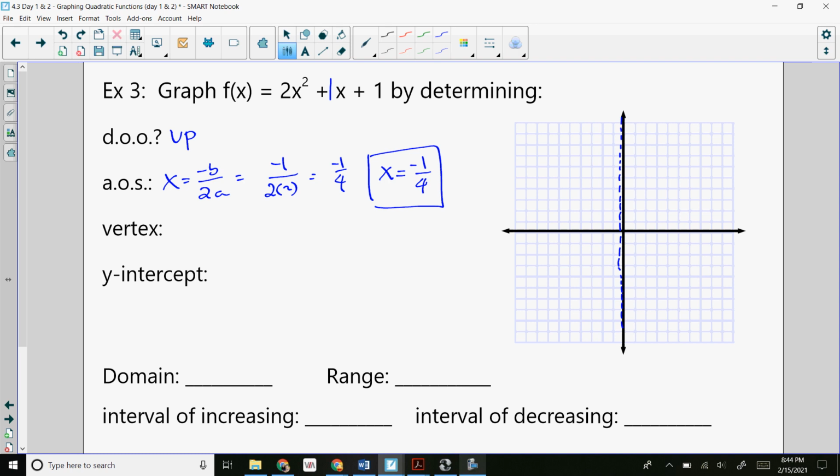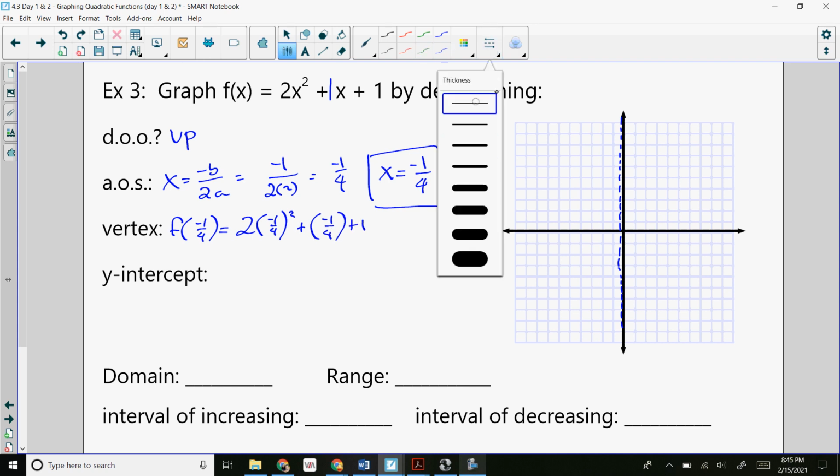Okay, the vertex then is going to be our quadratic equation, but instead of f of x, we're going to do f of negative 1/4. And when I input those, let's see what happens. This is 2 times negative 1/4 squared plus negative 1/4 plus 1.